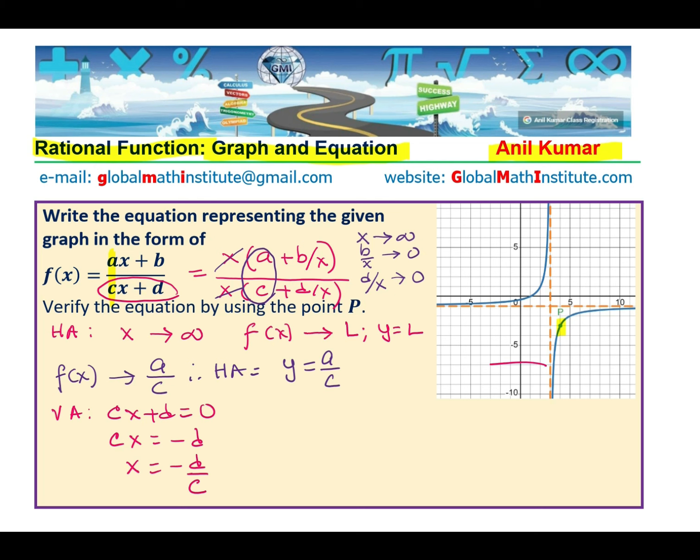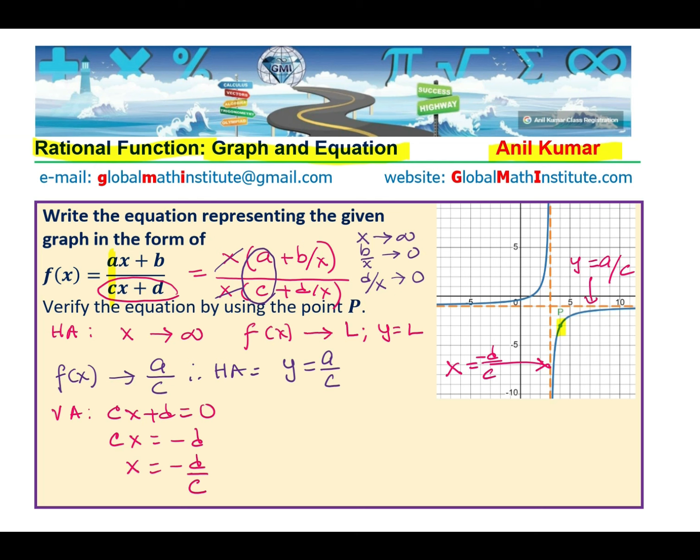Let me rewrite here: the vertical asymptote is x equals minus d over c, and the horizontal asymptote is y equals a over c. Is that clear to you? So a over c is the value for the horizontal asymptote.